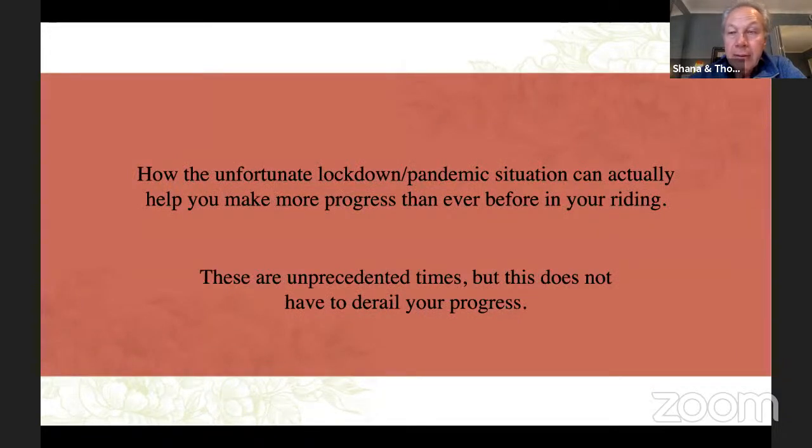And with this lockdown situation, you may be forced to look for help online because you can't get to your regular teacher, or your regular teacher can't get to you. And then you may discover that this online teaching and learning is not a bad thing, that you can actually progress maybe in some ways faster than without it, right?